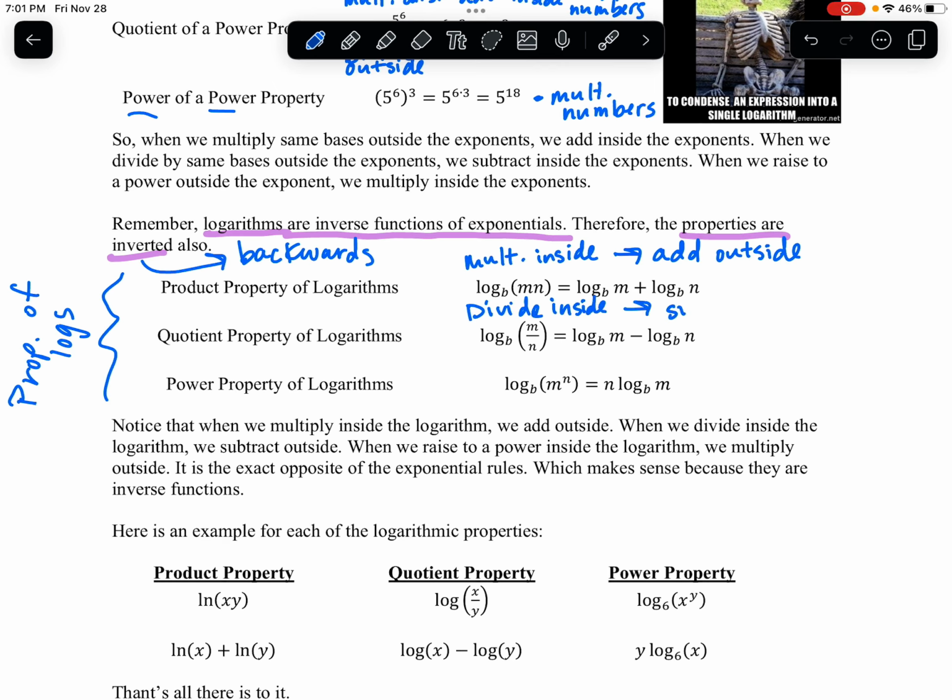And then we subtract on the outside. Power to power. This is a little bit different, right? Instead of multiplying anything, it's going to go toward the front. And I always like to say we're going to put the kids in the front of the class. He's in the back, he gets to move to the front. So now he's in the front of the class.